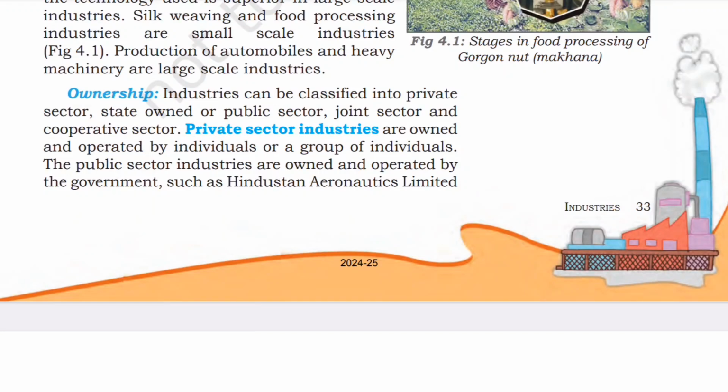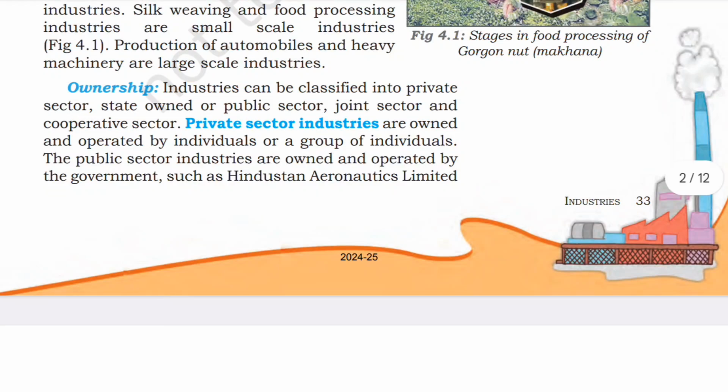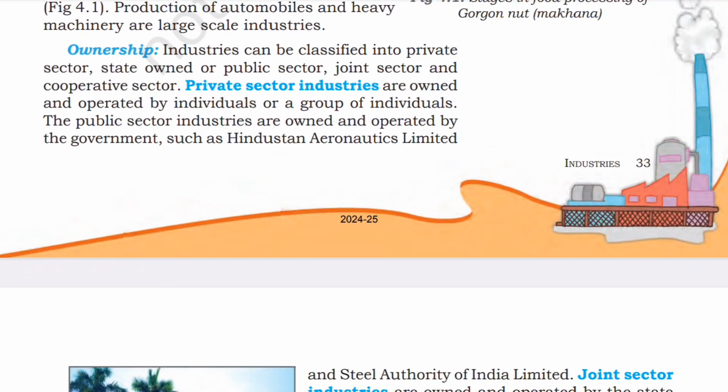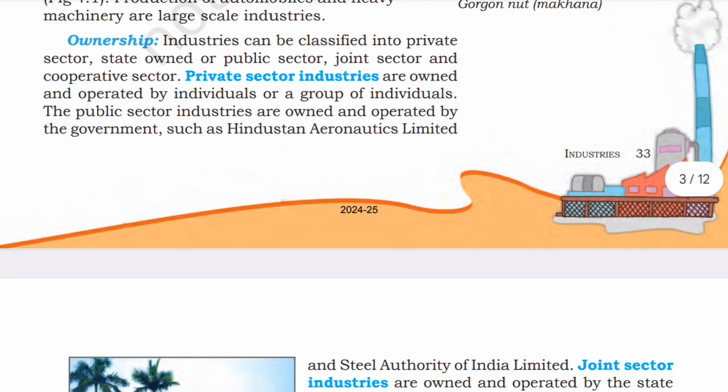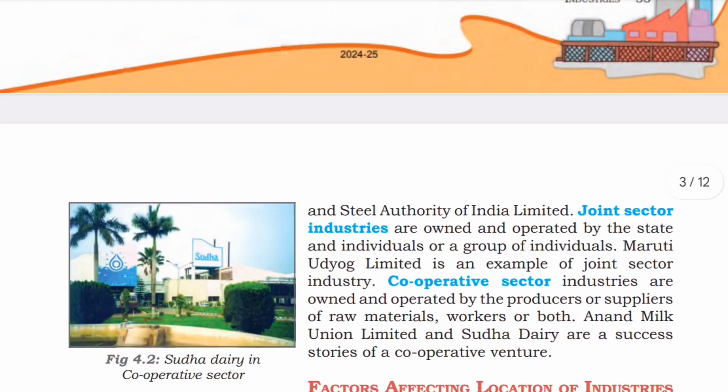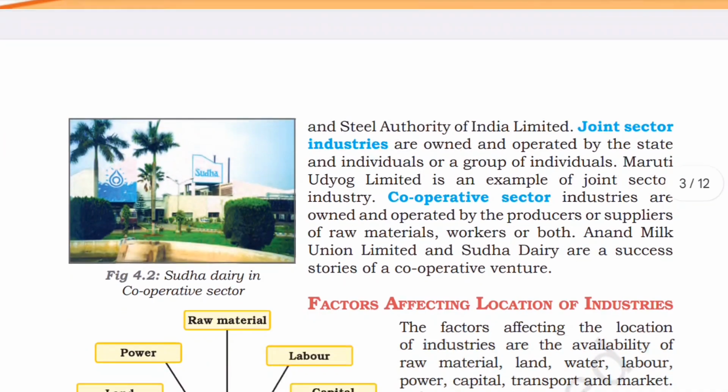Ownership. Industries can be classified into private sector, state owned or public sector, joint sector, and cooperative sector. Private sector industries are owned and operated by an individual or a group of individuals. Public sector industries are owned and operated by governments, such as Hindustan Aeronautics Limited and Steel Authority of India Limited.